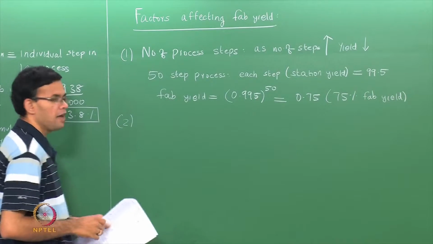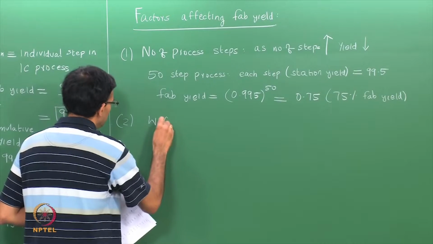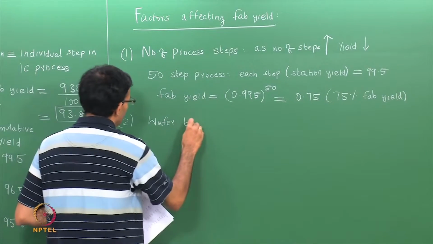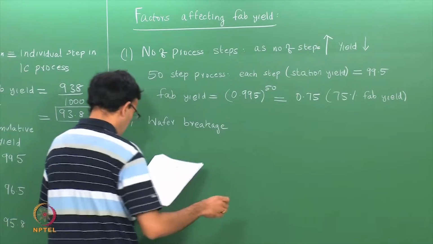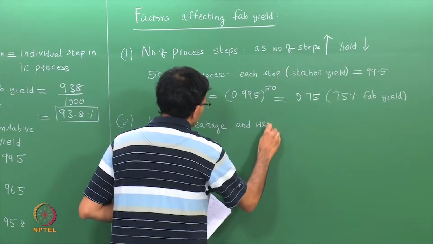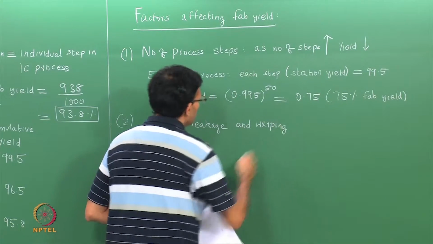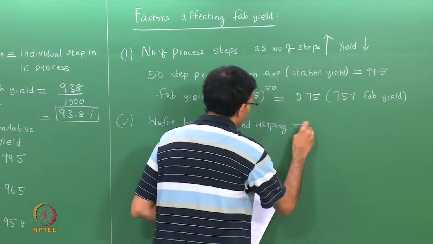Another factor that affects fab yield relates to wafer breakage and also warping. So, this is related to the wafer handling inside the fab.